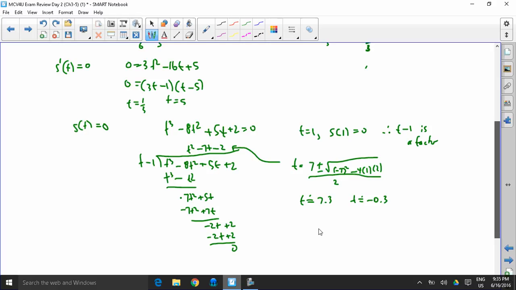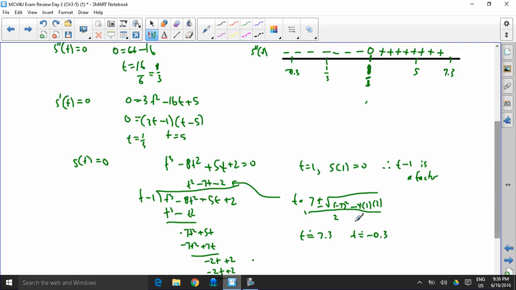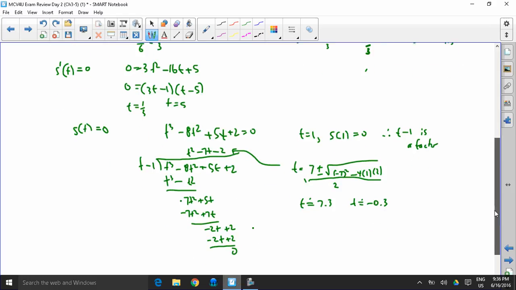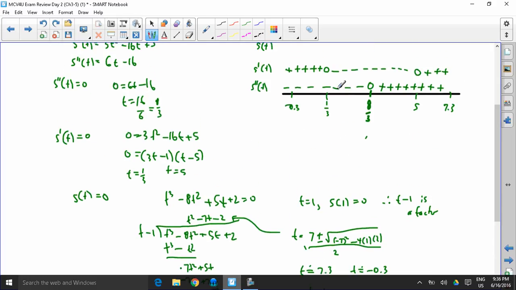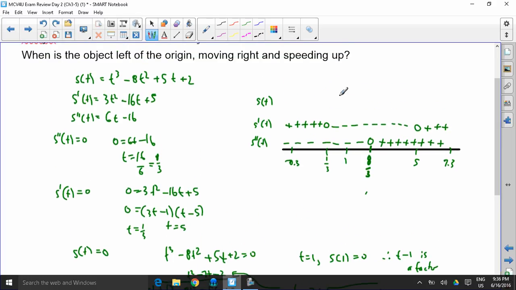So where is it left of the origin? Left of the origin means that the function is negative, so anywhere in here or there. But moving right. Moving right means that the second derivative has to be positive. So here or here. Now notice that that sort of leaves us this interval. And speeding up.